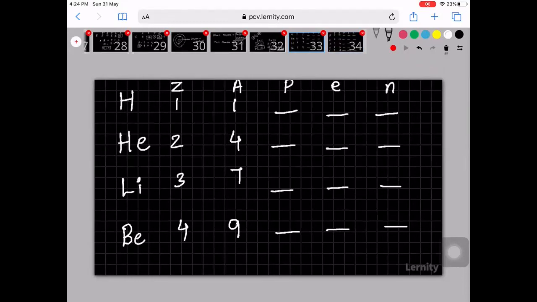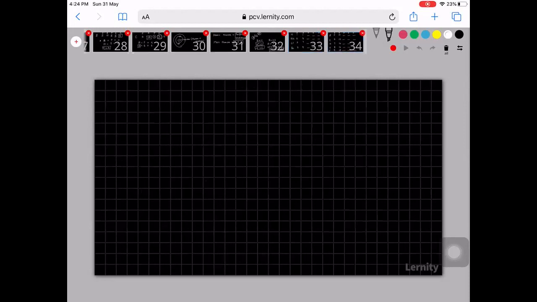Okay. And for page number 34. Now, the last one that I'm going to say is neon, sodium, magnesium, aluminium, silicon.